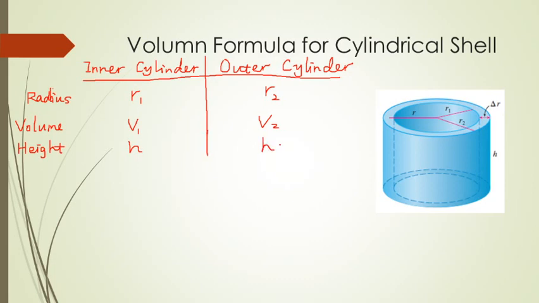Now, how can we find the volume of the shell? The volume of the shell is the volume between the inner cylinder and the outer cylinder. I will use V for the volume of the cylindrical shell.